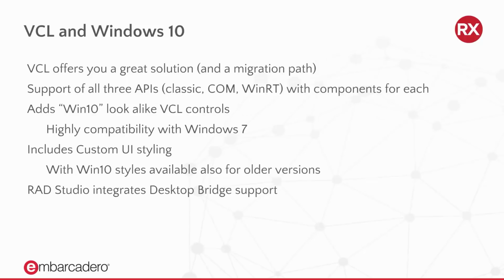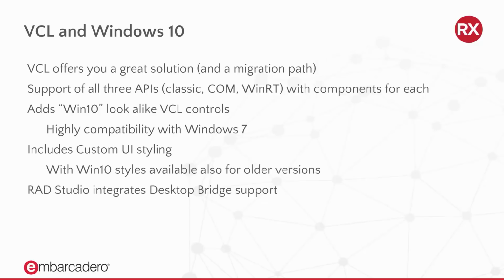Now, if we focus on what VCL offers in terms of Windows 10 integration, you have not only a great solution, a modern, comprehensive, continuously updated solution, unlike some of the competing libraries in the Windows space, but also a very, very smooth migration path, because most of your existing code will still work with the latest VCL and on the latest version of Windows 10. VCL has support for all of these three APIs, Classic, COM, and WinRT.